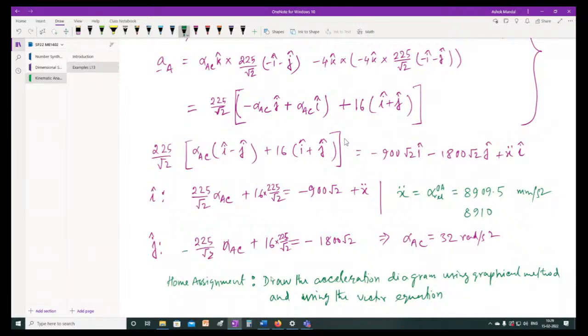So you have learned how to draw acceleration diagram graphically.